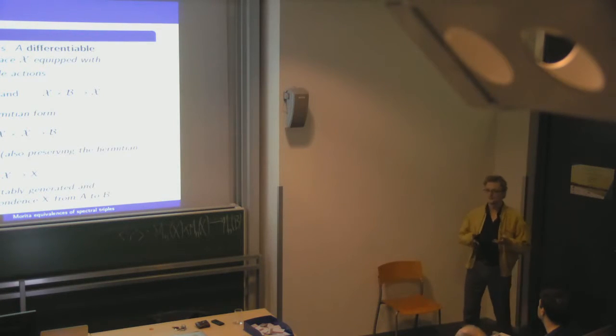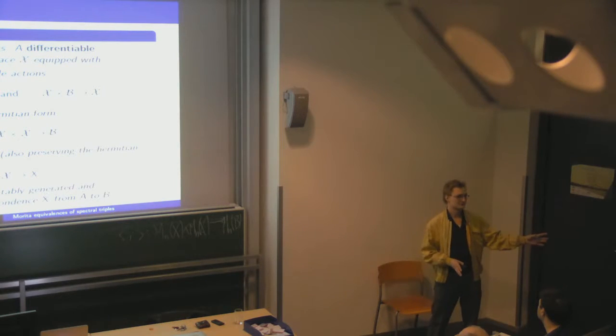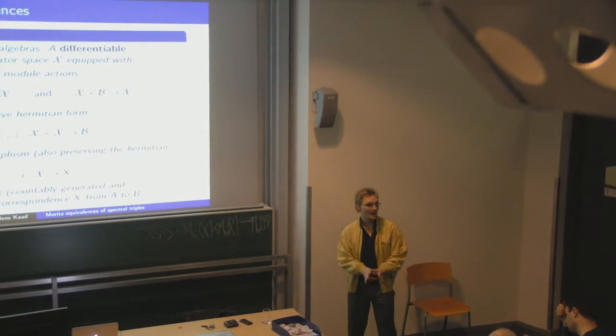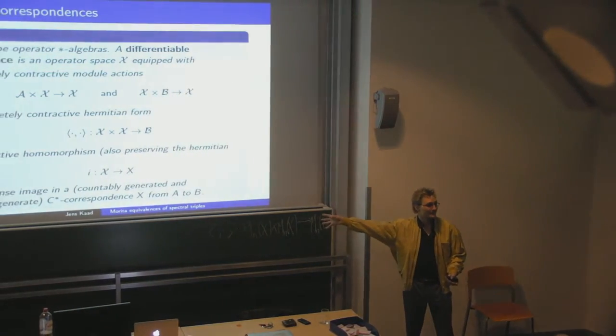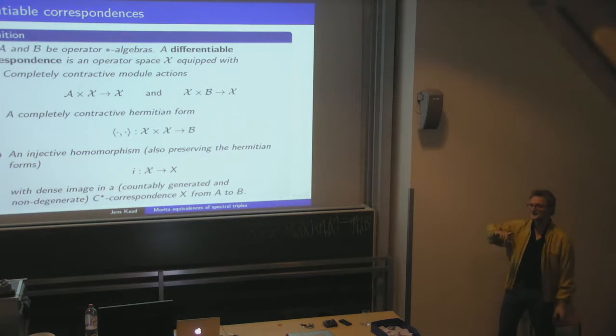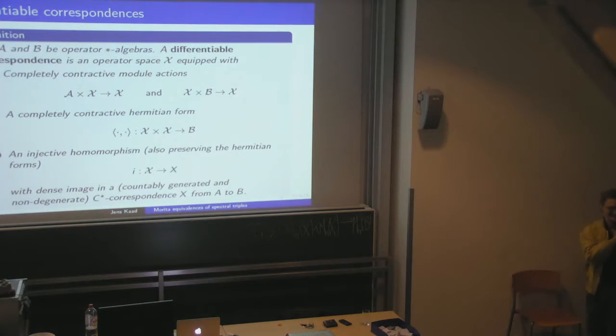It's a way of transporting information from one spectral triple to another spectral triple. So it's a way of constructing new spectral triples out of such a differentiable correspondence and an old one. This you're going to explain? This I will actually not explain, but you can read, because I have explained this many times already.